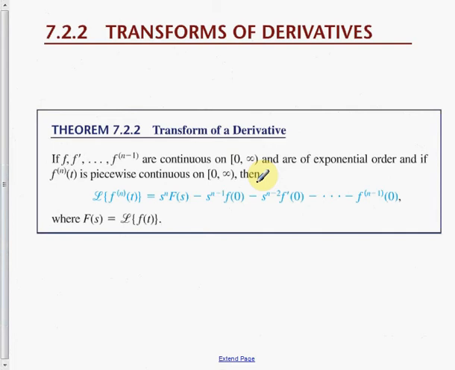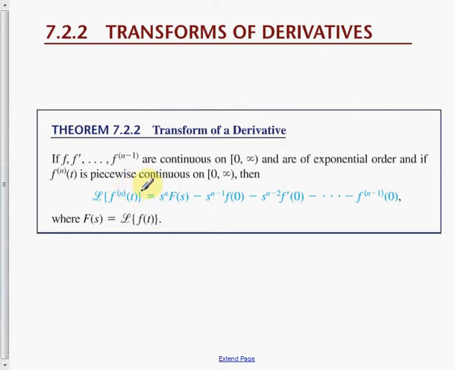And so that's why they claim that the function, or the functions here, this derivative, may be piecewise continuous. It may not be continuous in certain parts. That's okay. So here, the Laplace transform of the derivative, this is some function with the nth derivative. So we note whatever n is.